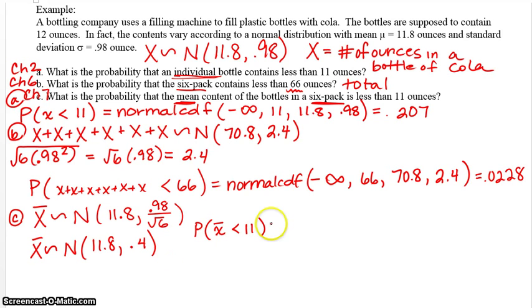So we are going to, again, normal CDF, negative infinity to 11 with a mean of 11.8, but this time we have a standard deviation of 0.4.